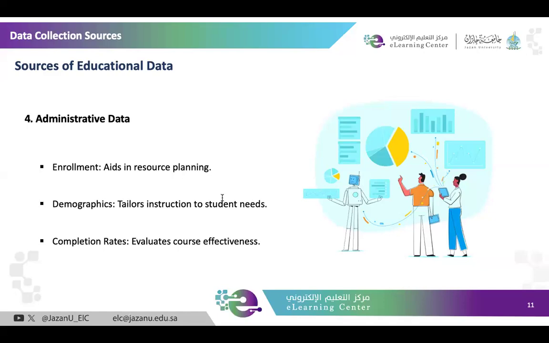And if you're talking about demographic information, demographic data such as age, gender, socioeconomic status, and cultural background can help educators understand the diverse needs of their students and tailor the instruction accordingly. Then completion rates: this data tracks the percentage of students who successfully complete a course.